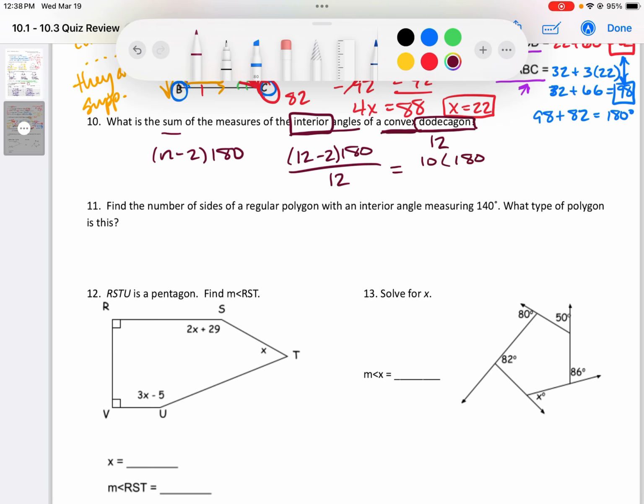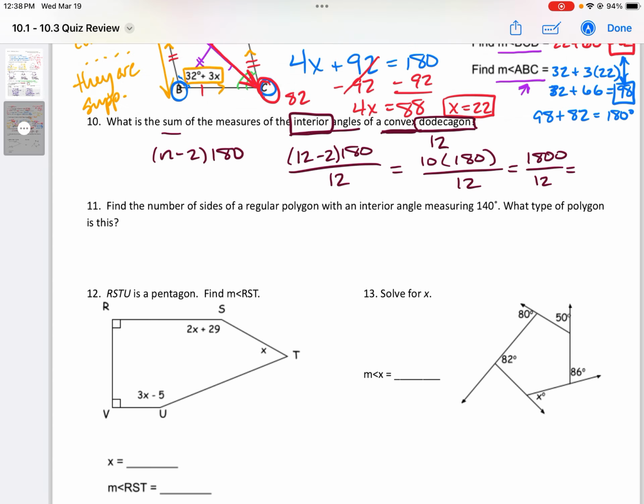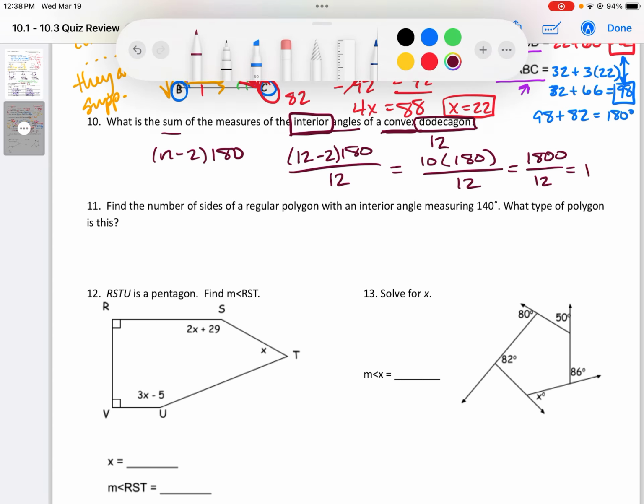So working that out, it's going to be 10 times 180 over 12. And that will give me 1,800 over 12. And that answer will be 150 degrees.